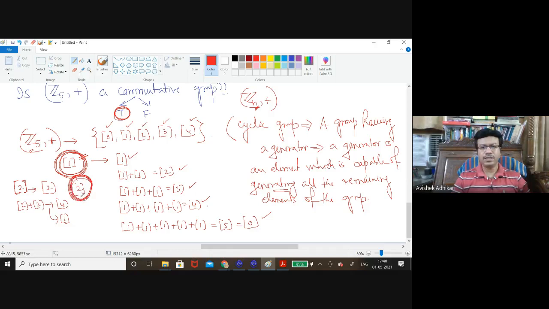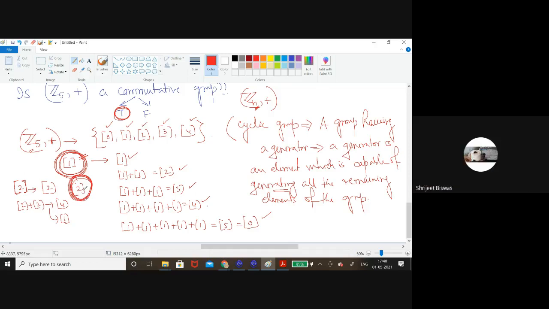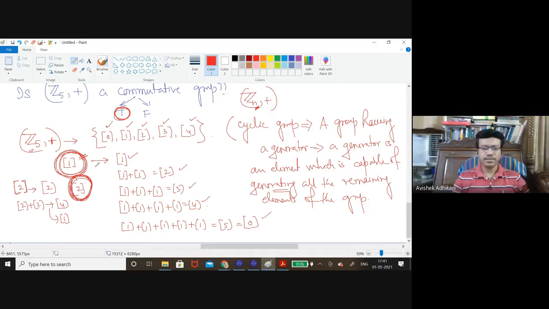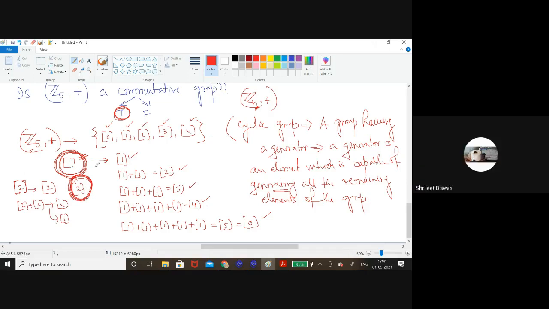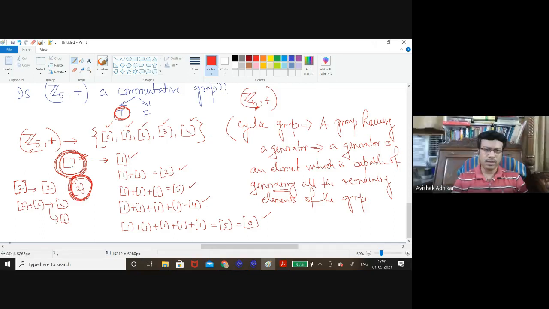Now my question is, is class 3 a generator? Quickly. We'll get 3, then we'll get 1 because 6, then 9, that means we'll get 4, then 15, 0. So yes, it can. We see that 1 is a generator, 2 is a generator, 3 is a generator.